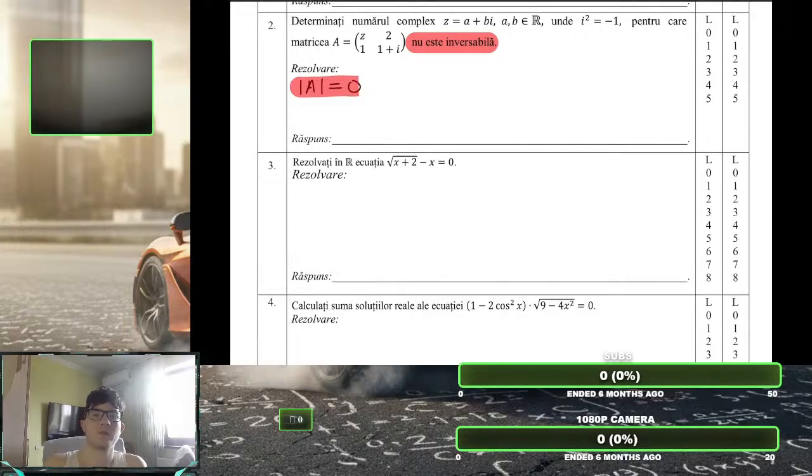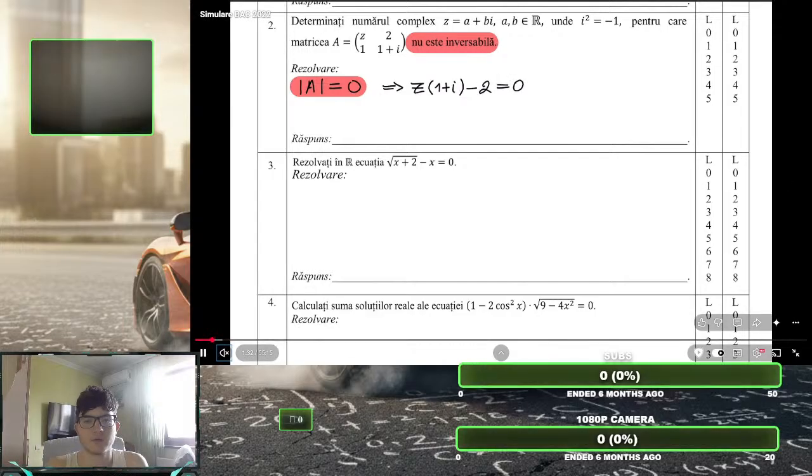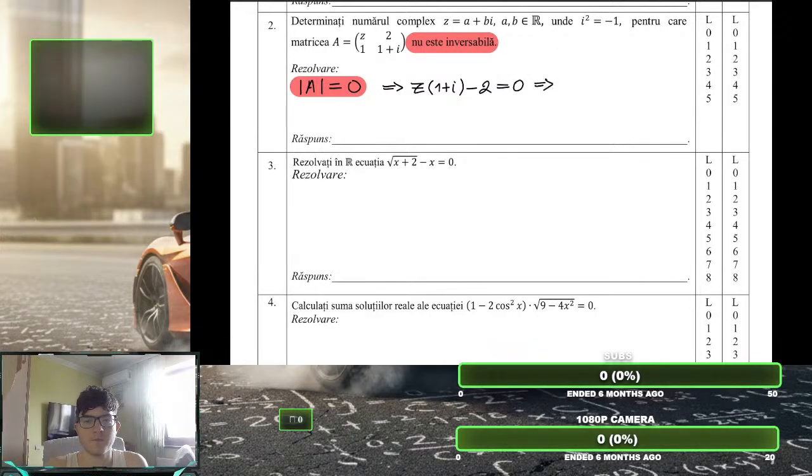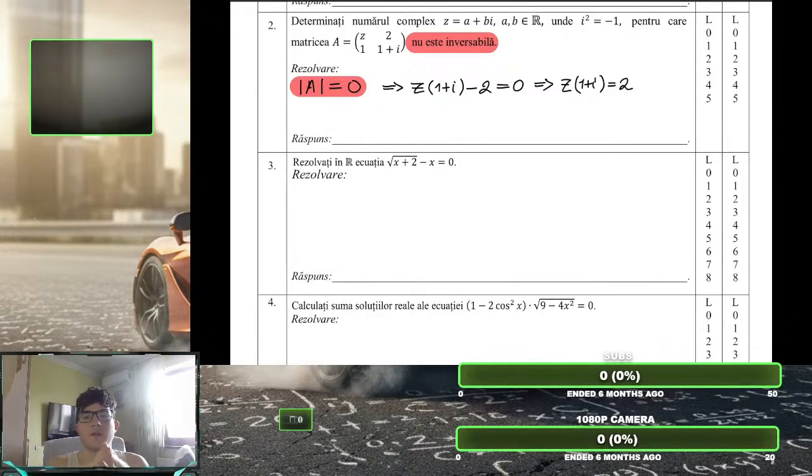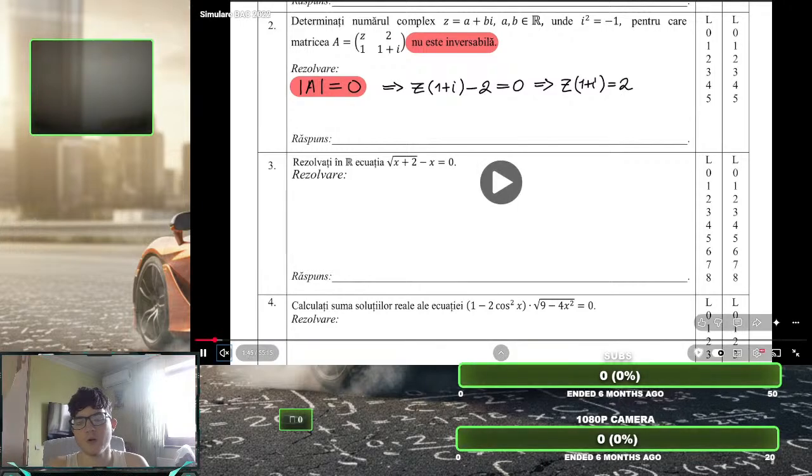So first solve this, crisscross like I said, equal to 0. So z plus zi minus 2 equal to 0. Looks like the method chosen here is moving the 2 to the right, and now I think he's gonna divide 2 by 1 plus i, which is gonna be z.